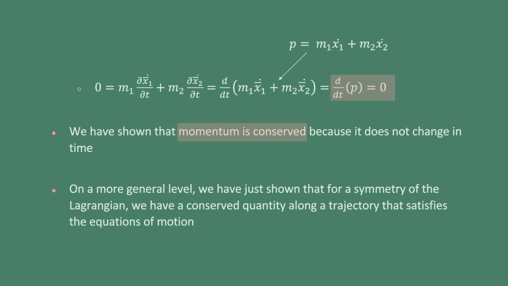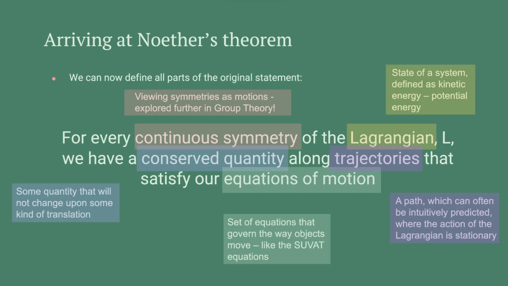So, more generally, we've shown that we've found a symmetry of the Lagrangian for a conserved quantity on a transformed action. Okay, so it's now about time to define the parts of our original statement of Noether's theorem. So we've got continuous symmetry, in which symmetry is seen as motions, which we'll explore further in our group theory section of slides.